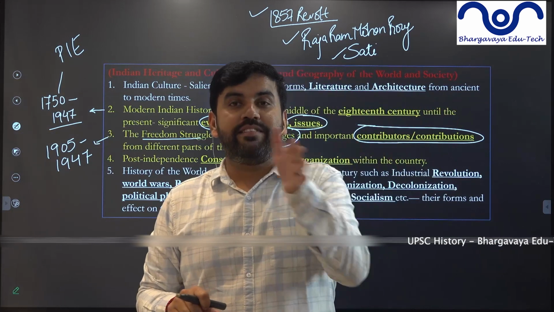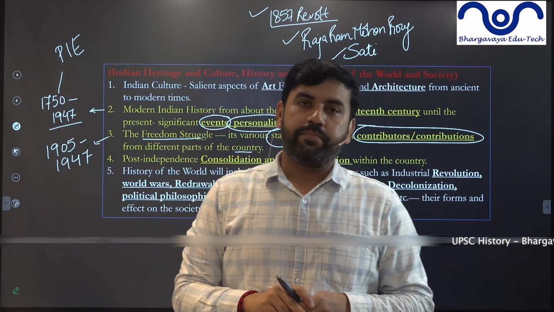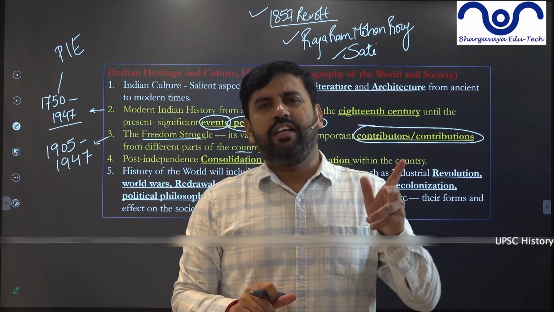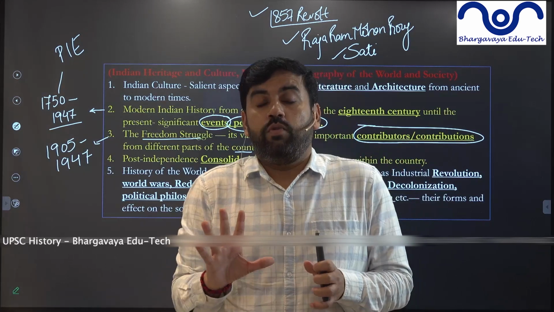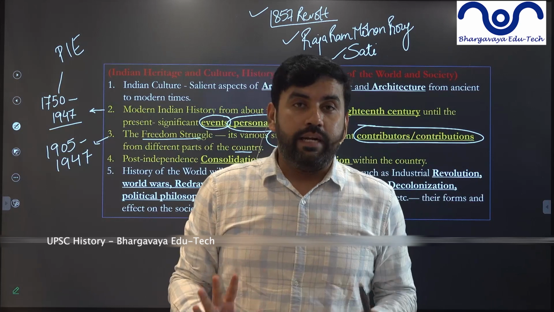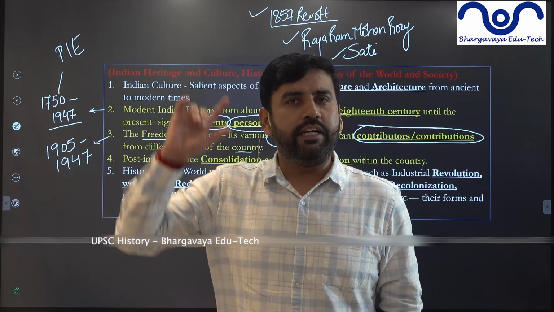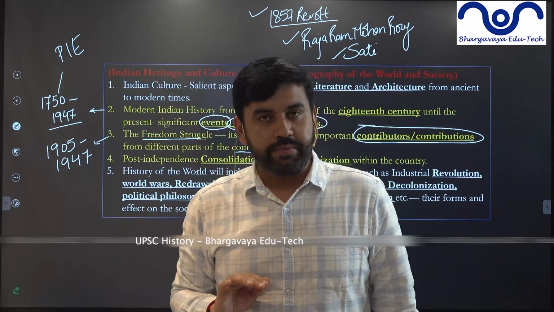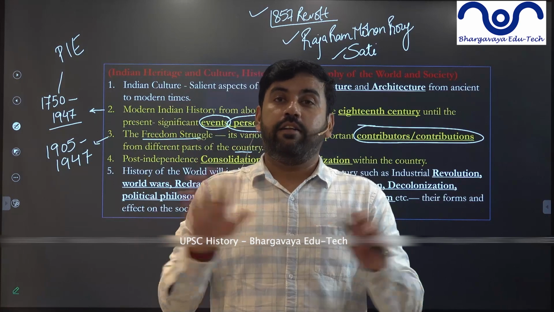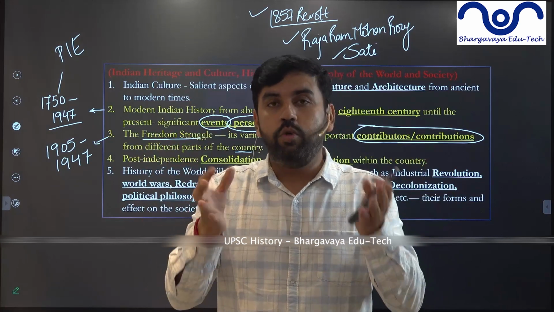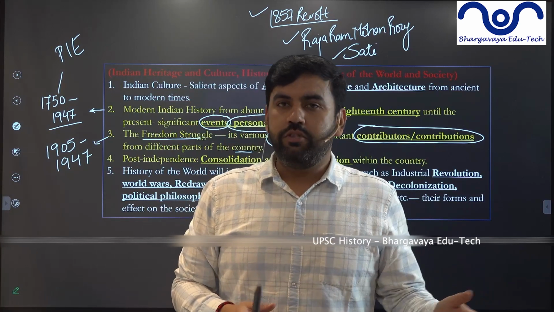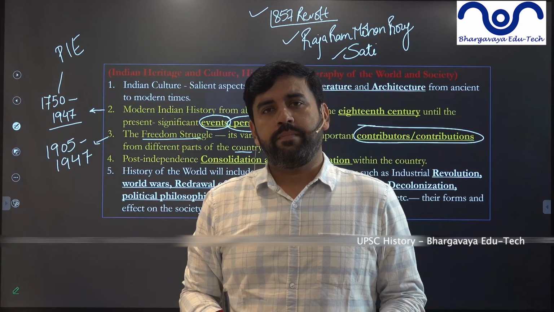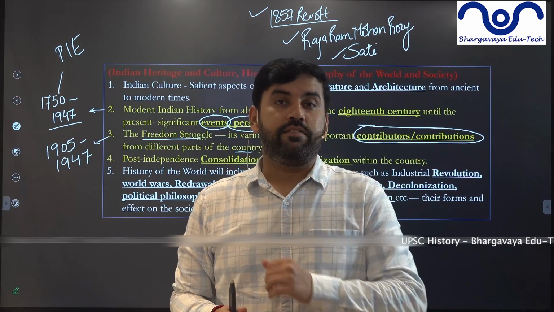So in multiple stages, the freedom struggle progressed. First we started saying, no, we are ready to work under the British. Then we started saying, no, we don't want to work under the British, but we are ready to work under the British crown or British king. Then we started saying, no, we want complete independence. We don't want to be associated at all with Britishers. So there are multiple stages.